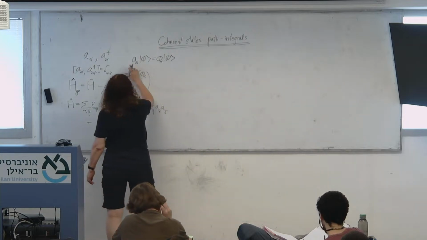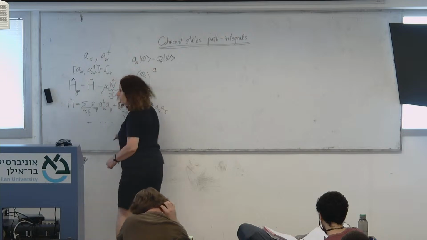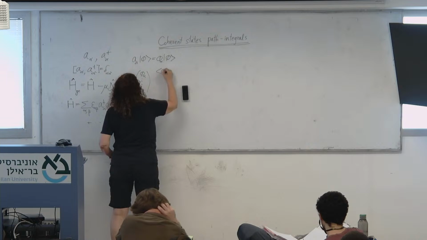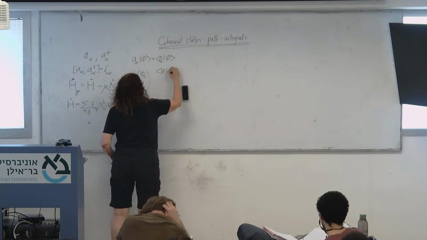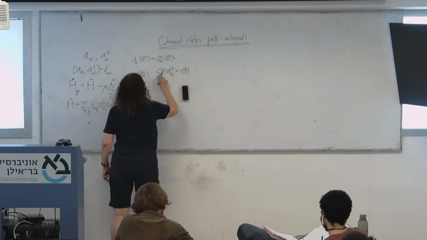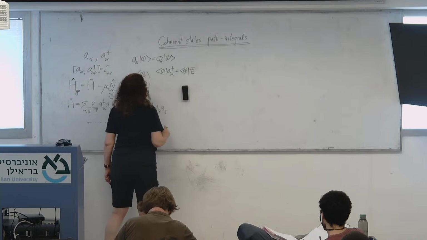And the conjugate of this equation is that A alpha dagger acting on the left on phi gives you phi alpha bar.